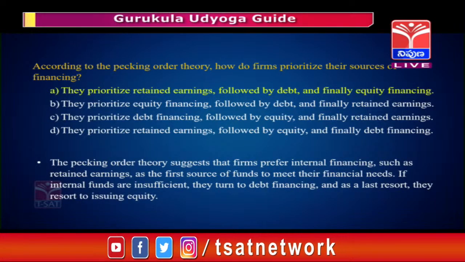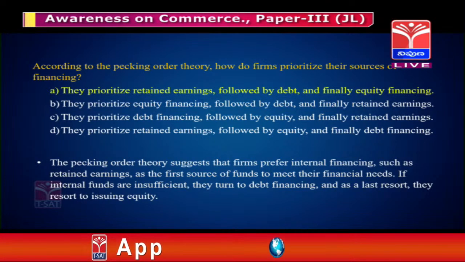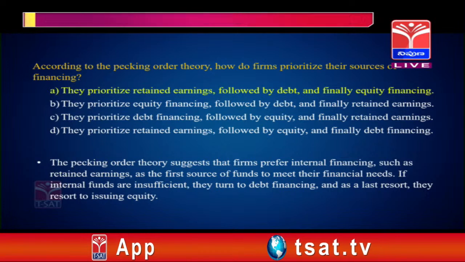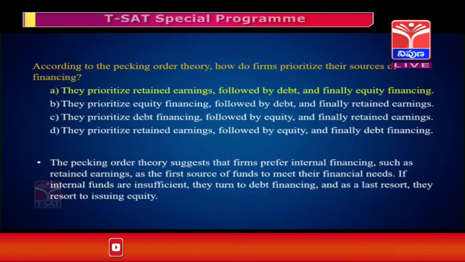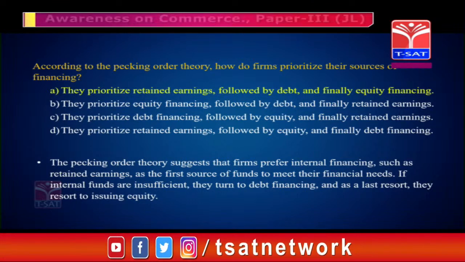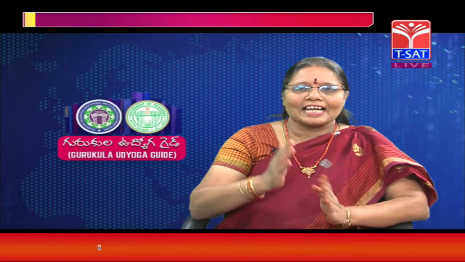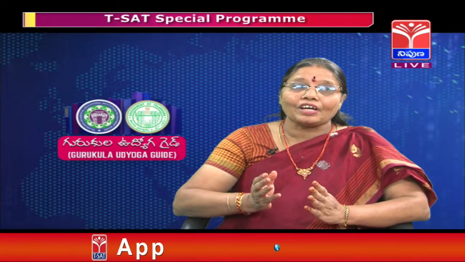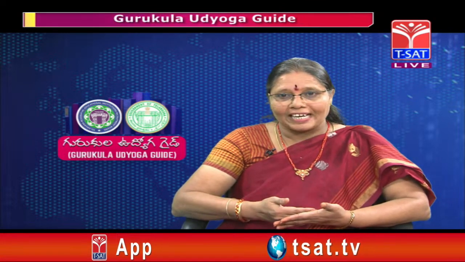We'll just see what the pecking order theory consists of. It talks about the internal financing mode. The first priority in internal financing is the retained earnings. That is, whatever you have kept aside from past profits, those earnings are used first. That doesn't have much cost of capital, so the first source of finance would be that.